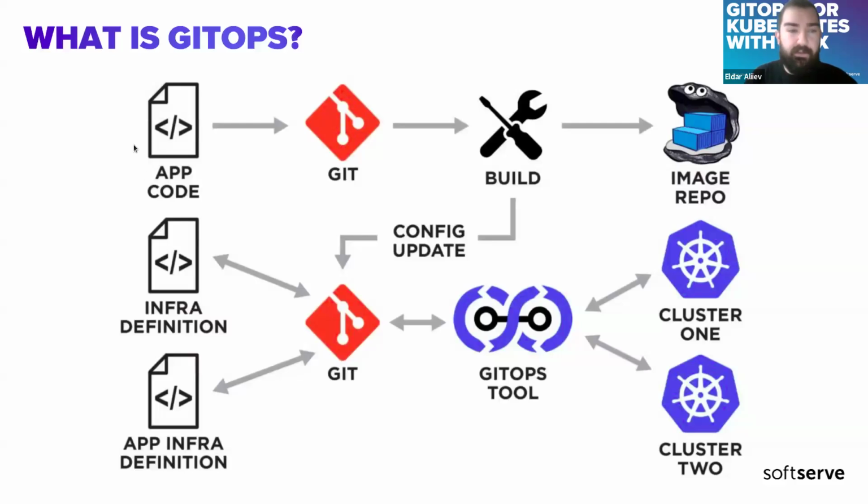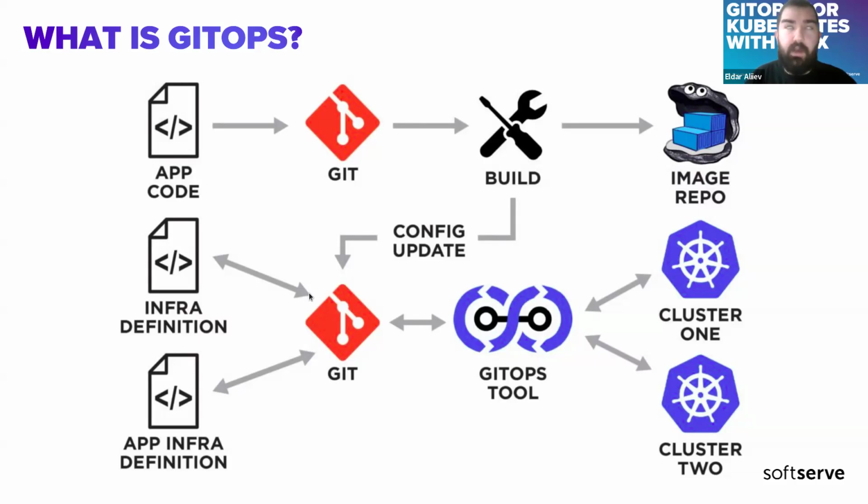The same goes for the application code. But in this case, you will also have a CI system, because usually the artifact in the case of Kubernetes is a Docker image. So you need a CI system that will build your artifact. And then this CI tool will push some changes to the Git repo with your application infra.